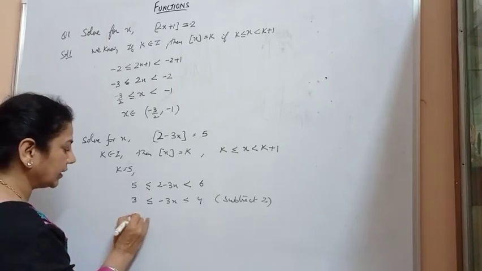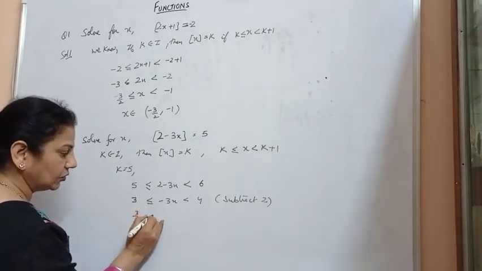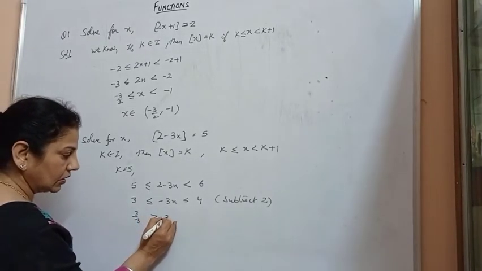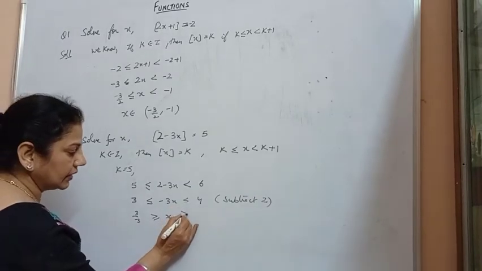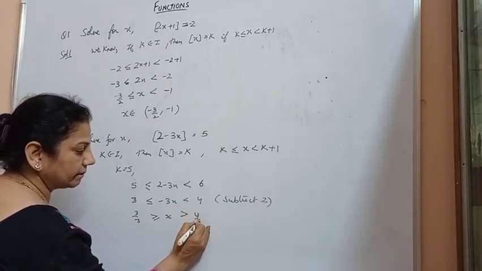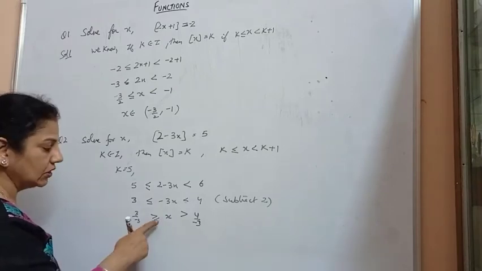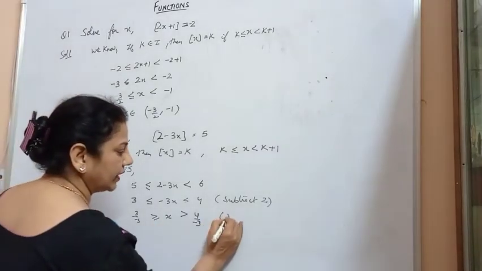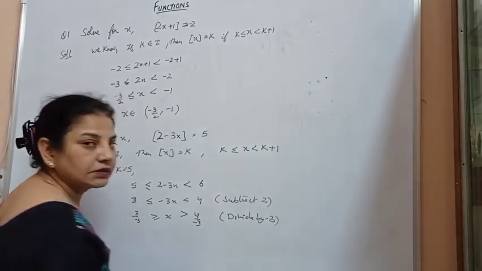That means if I divide by -3, less than or equal to becomes greater than or equal to, and less than becomes greater than, because I divided throughout by -3, so the sign will change.